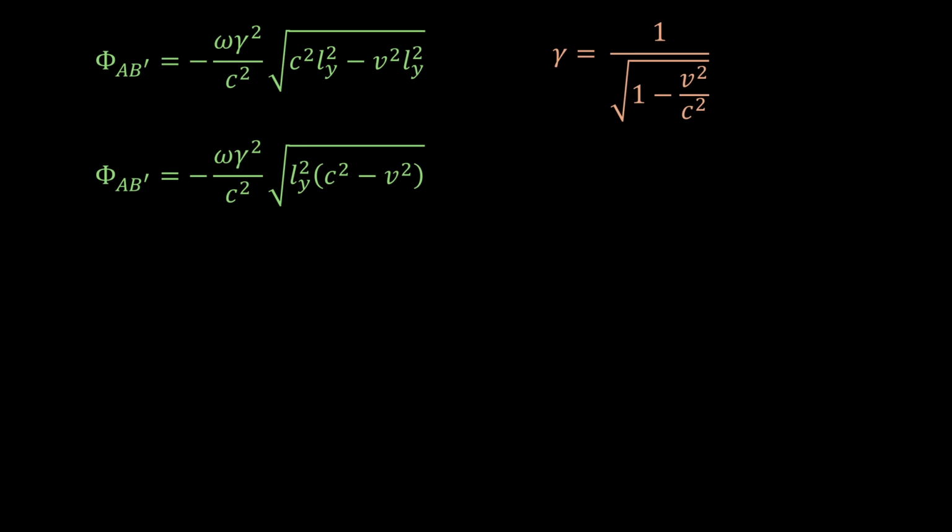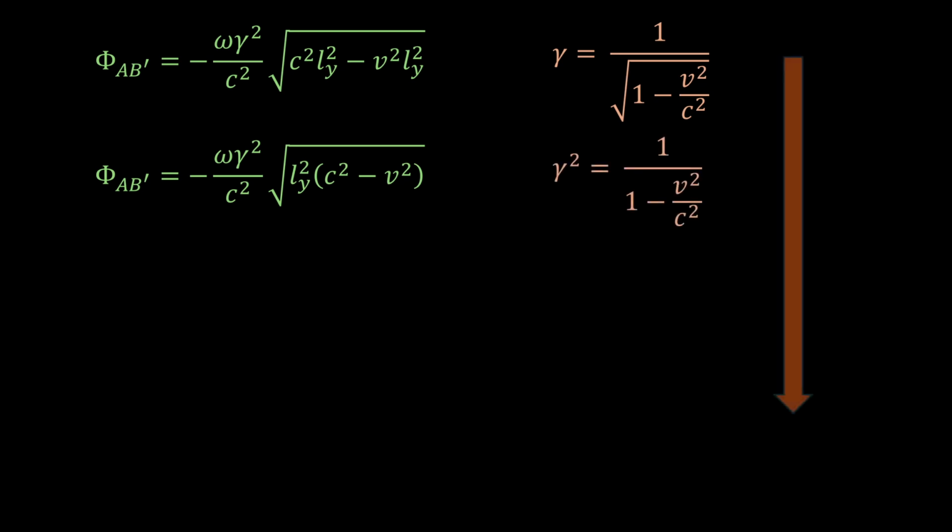Now recall what gamma actually means by looking at this equation in brown. We can square it to get rid of the square root, then sort out the fraction, and finally isolate c squared minus v squared as shown. And this can be substituted into the green equation.